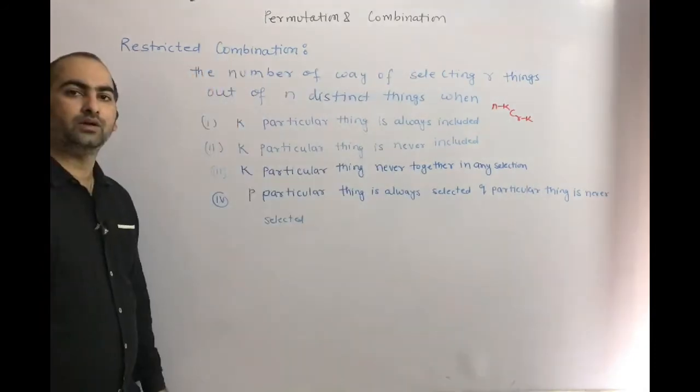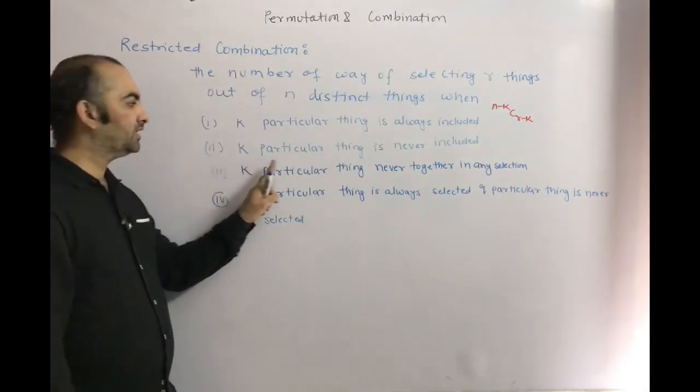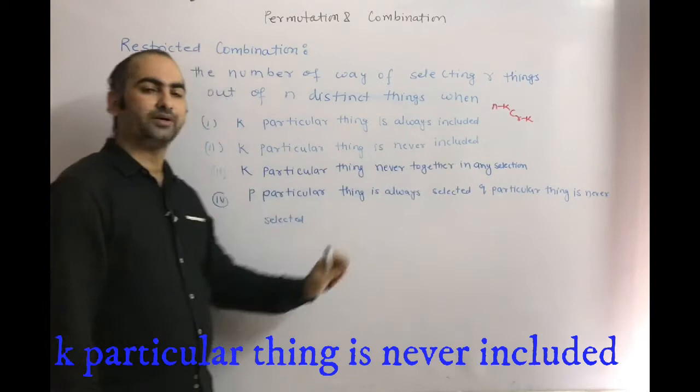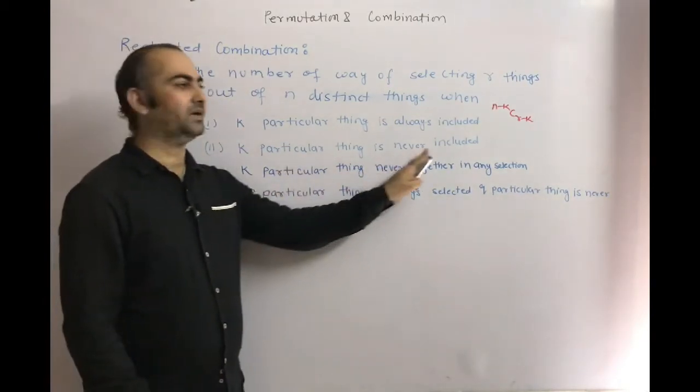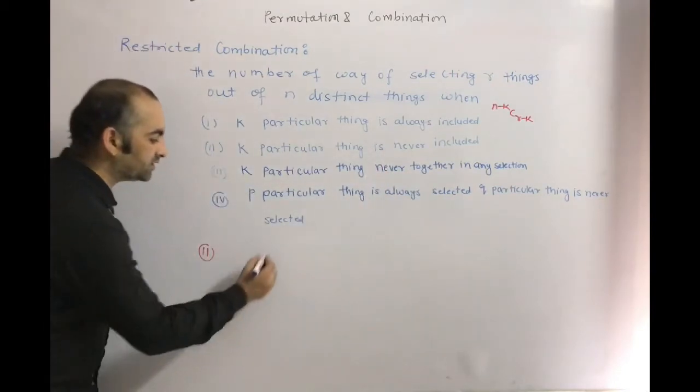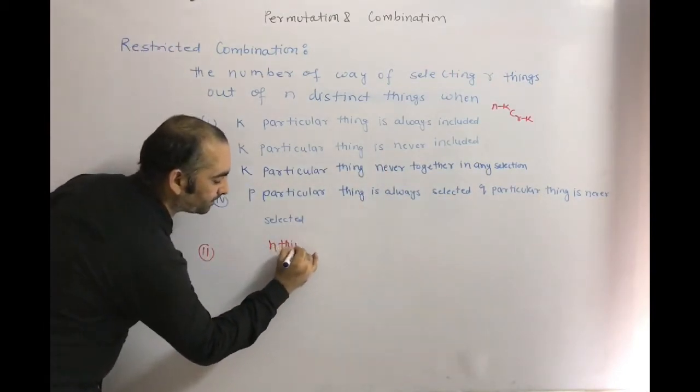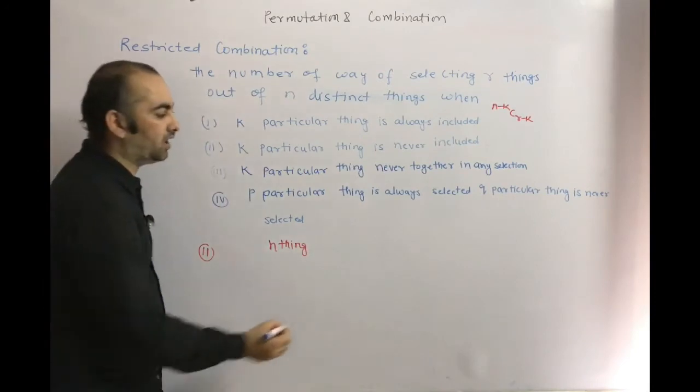Now we are doing the second point: k particular things are never included. Total things are n, and we have to select r things.